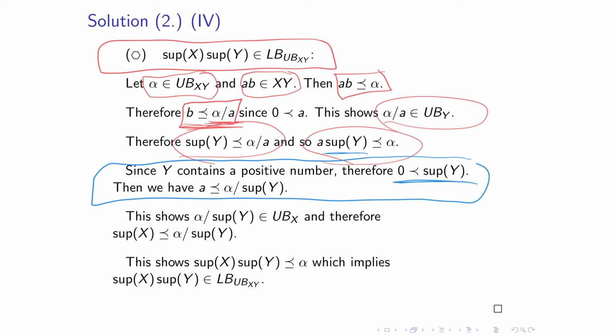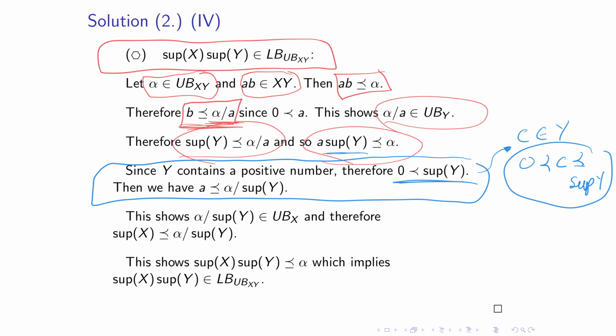If you want to elaborate, whatever the positive number is in y, sup y has to be greater than or equal to that. We'll call that element c. So if c is in y, then c is bigger than 0, and sup y is greater than or equal to that, so this gets us that sup y is positive.